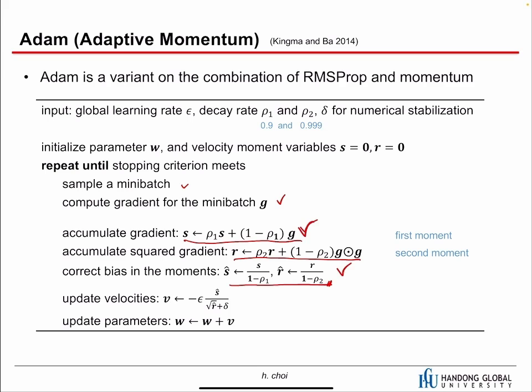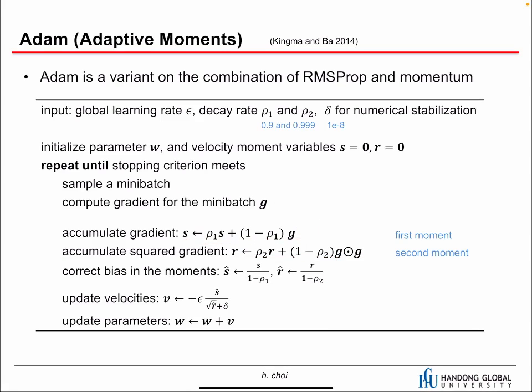Mainly there are two differences between Adam and RMSProp. The first one is the first moment. In Adam, we use the accumulated gradient, and the second moment is exactly the same as RMSProp's equation. That is the first difference, and the second difference is this bias correction equation. In the early training process, S could be biased.